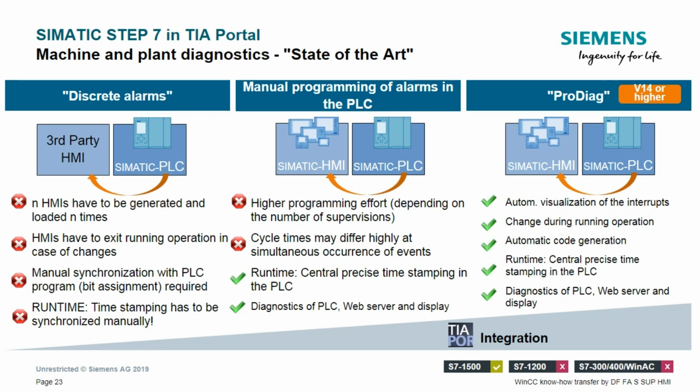Because we do the whole alarm management in the PLC itself, we get the precise timestamp of the PLC, of course, for the message. That's, in my point of view, the biggest advantage.